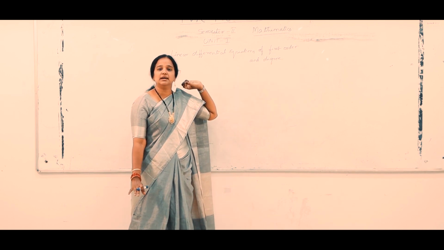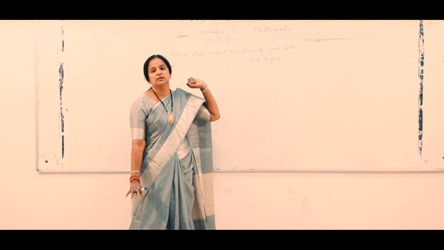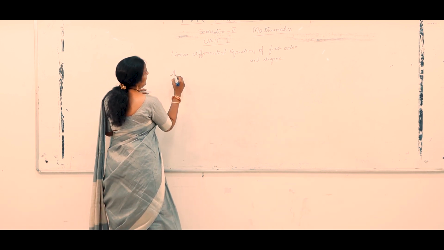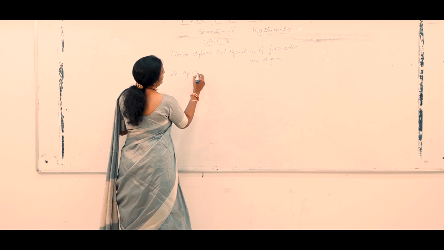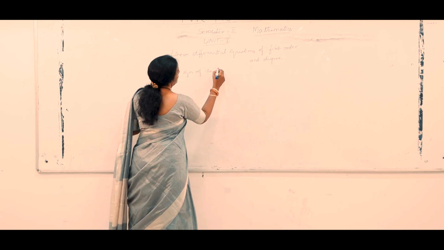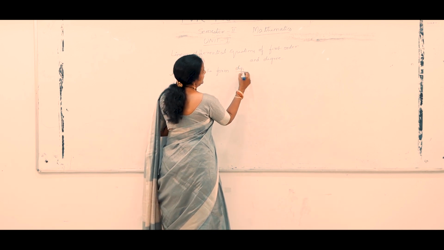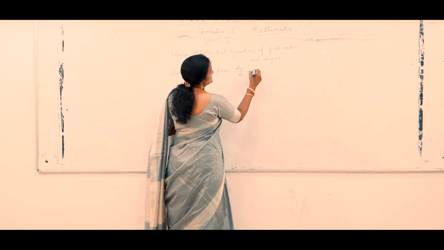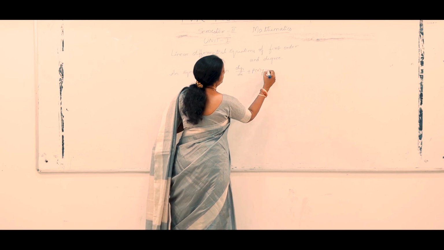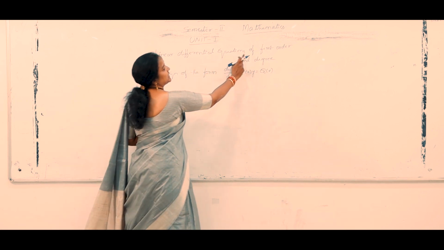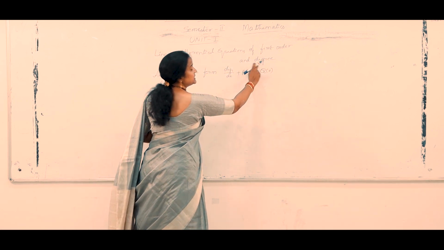First of all, what is the form of the differential equation? An equation of the form dy by dx plus p of x into y is equal to q of x is called a linear differential equation of first order and first degree.